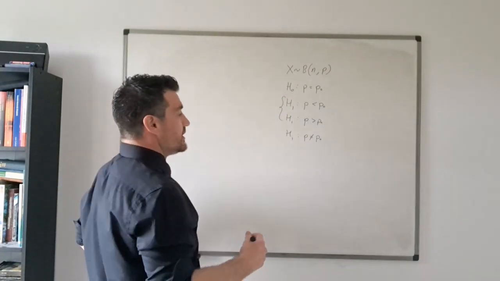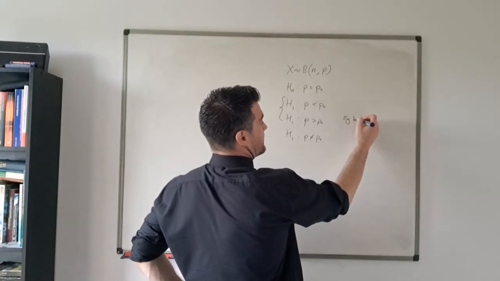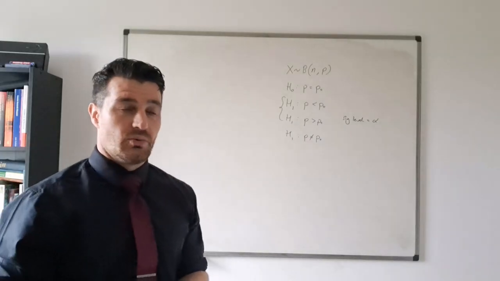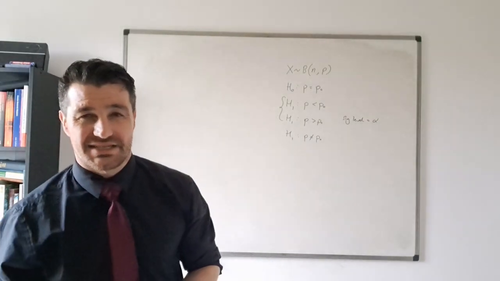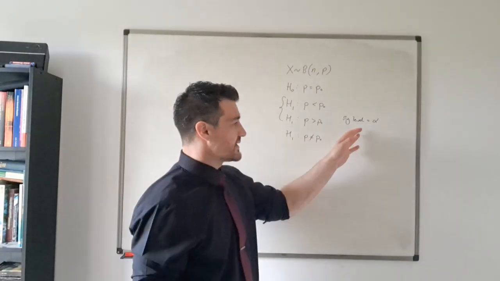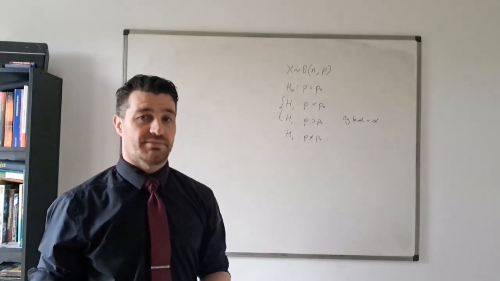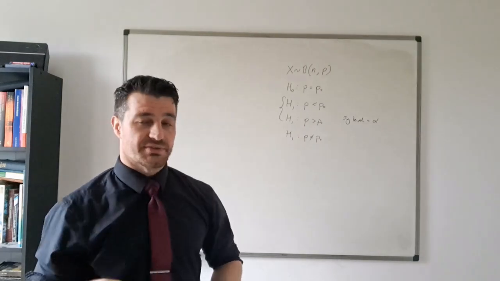Okay, we also need a significance level. I'm going to denote my significance level as alpha. Whereas very often the significance level is expressed as a percentage, in this video it's going to be expressed as a decimal, just because it makes for less clutter in some of the calculations.